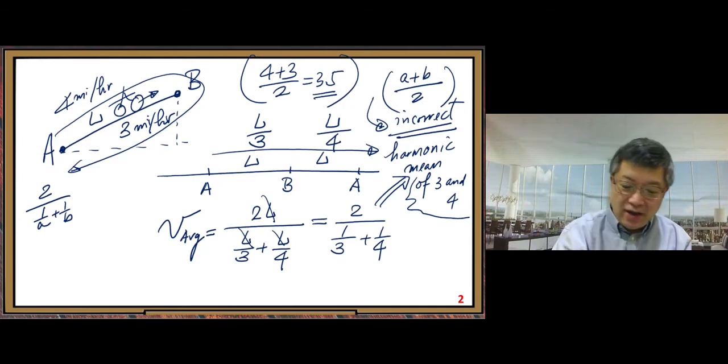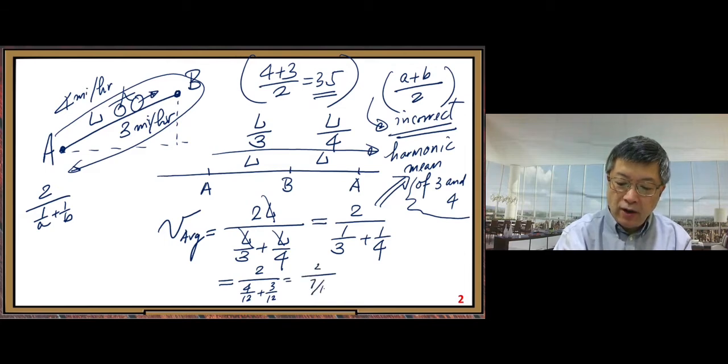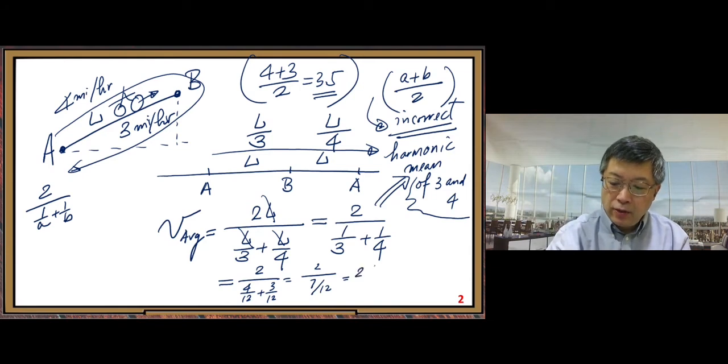Okay? Let's calculate what the harmonic mean is. 2 over 1/3 plus 1/4. With common denominator 12, that's 4 over 12, 3 over 12, right? So 2 over 7 over 12, reciprocal, 24 over 7.